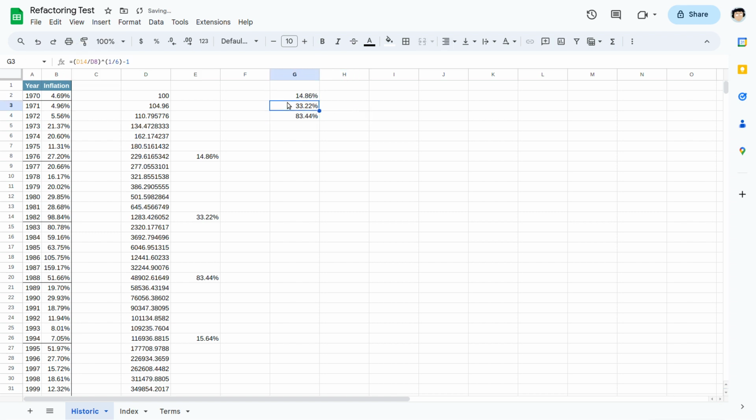Okay, but these ranges can be calculated using the offset function. For example, this one, it will be 1971. This one will be that plus 6, and so on. Oh my god.